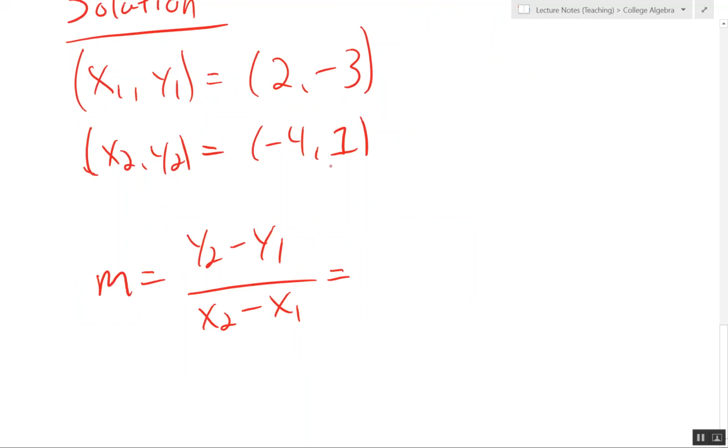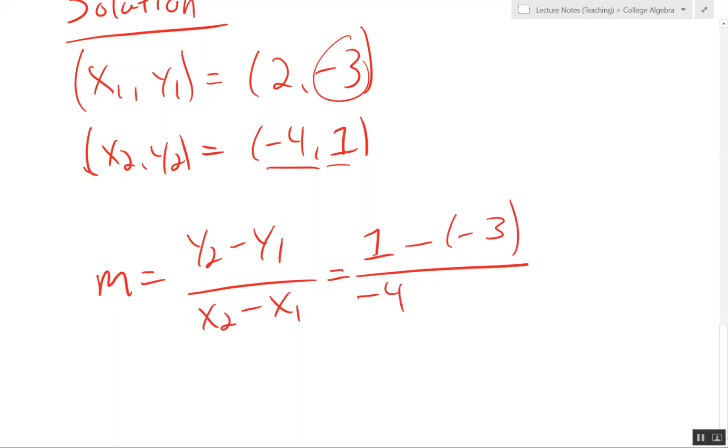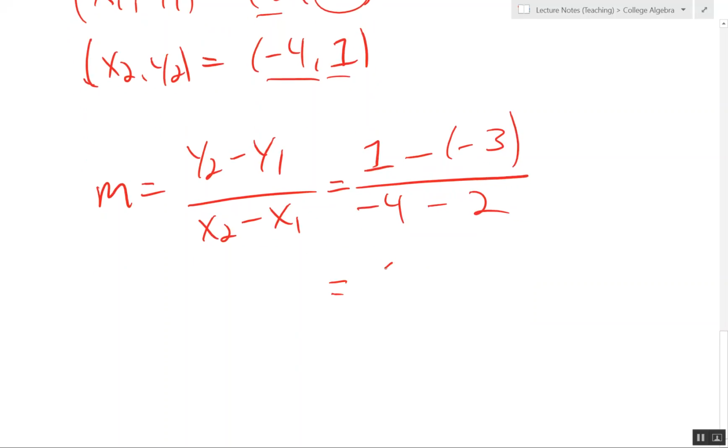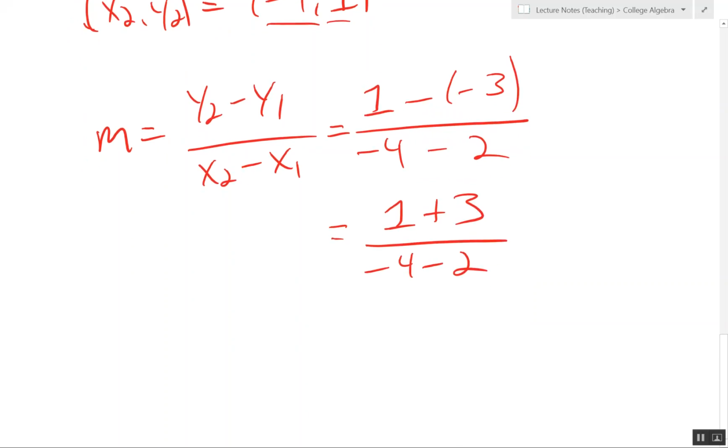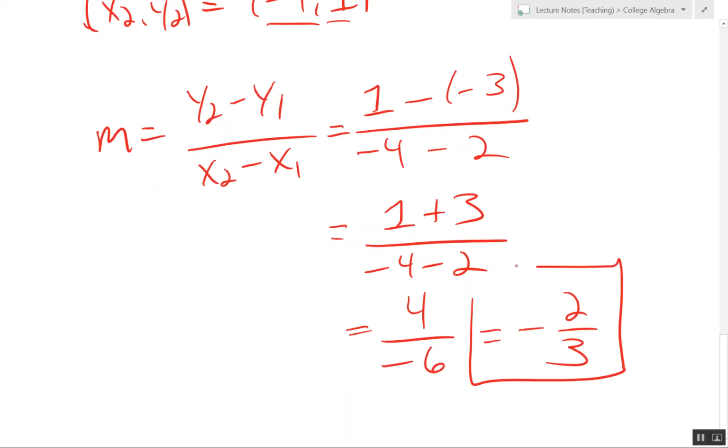So y2 is 1, and we subtract -3, all over x2, which is -4, minus 2. Simplifying, this becomes 1 plus 3 over -4 minus 2. The numerator is 4, the denominator is 6, and we can simplify this to -2/3. And that is how you calculate slope.